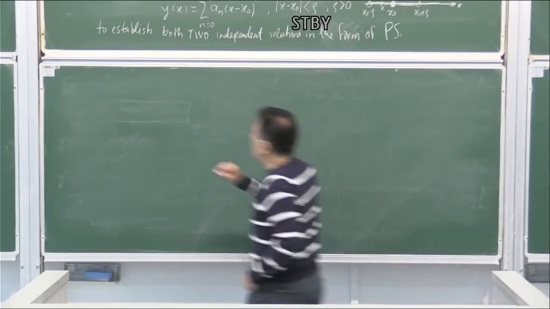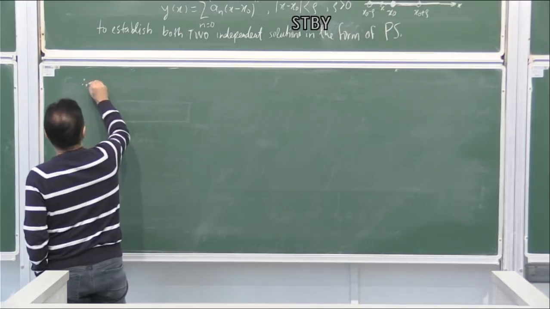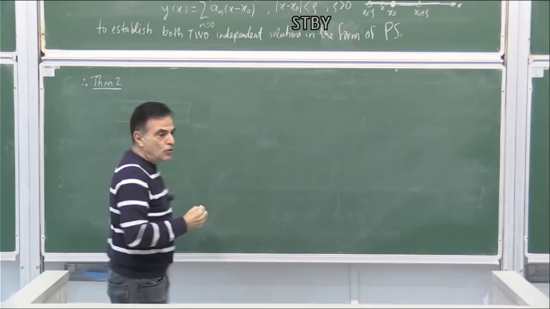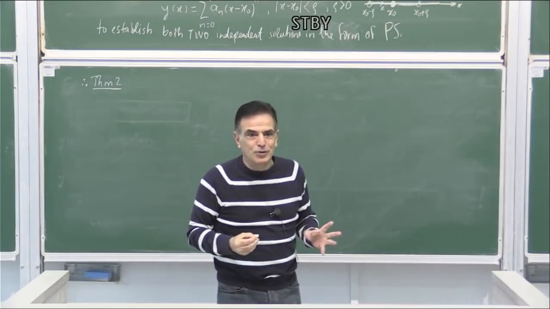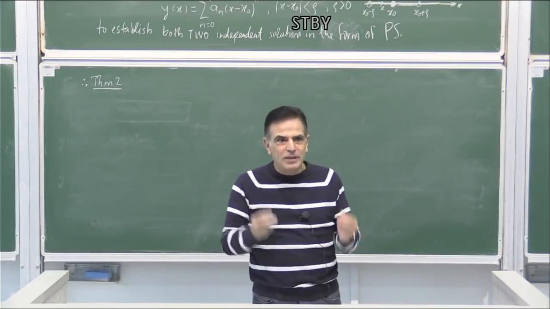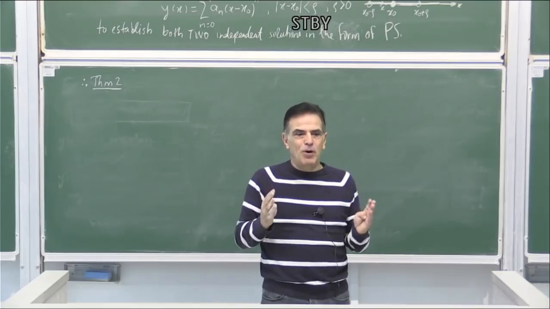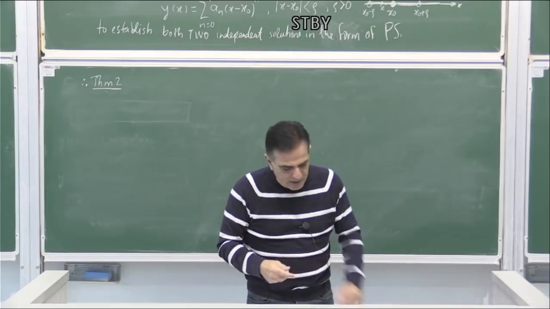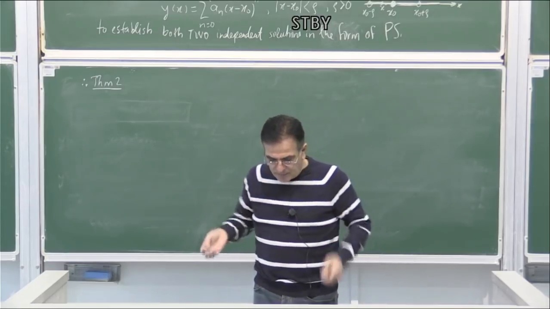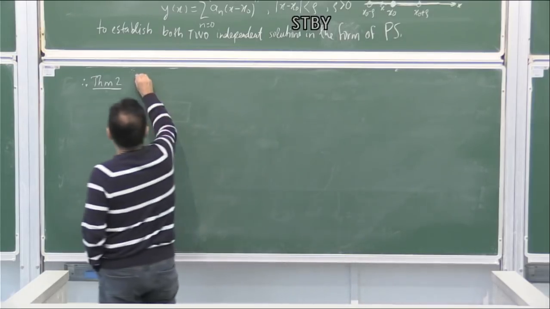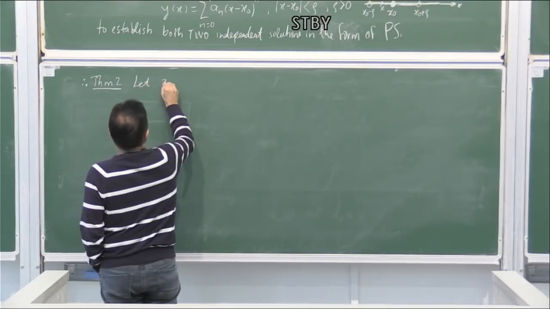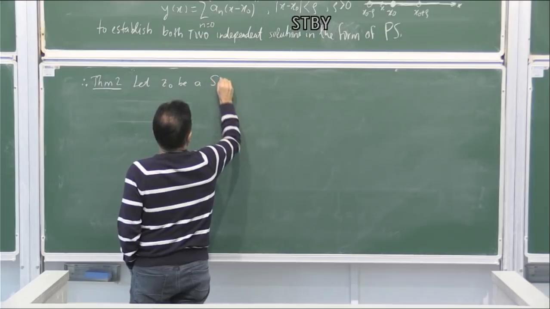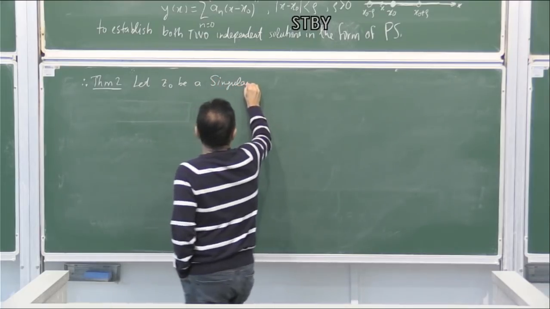And there is another theorem which tells us that the radius of convergence of a power series solution is determined completely by the singular points of the differential equation. Okay? To be specific, let z0 be a singular point. Please be careful.